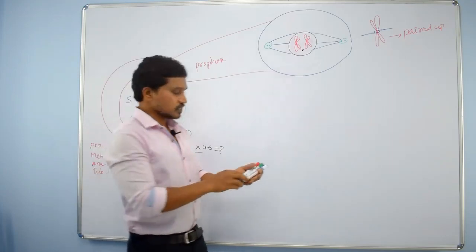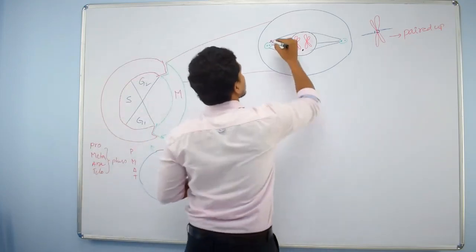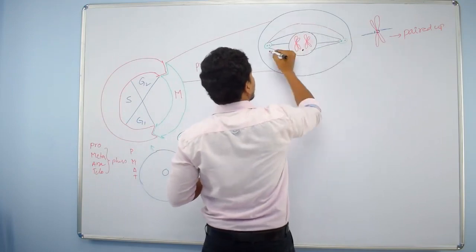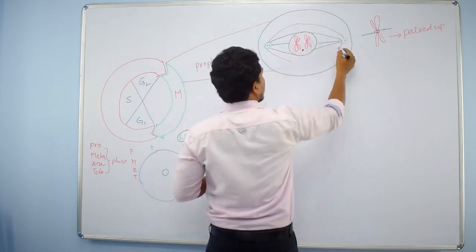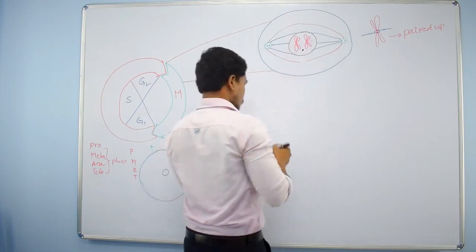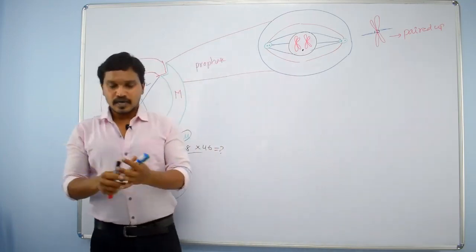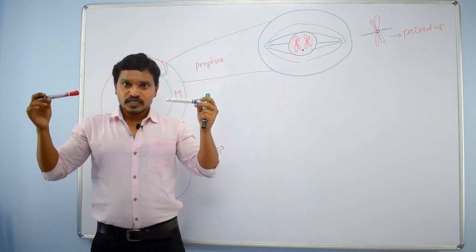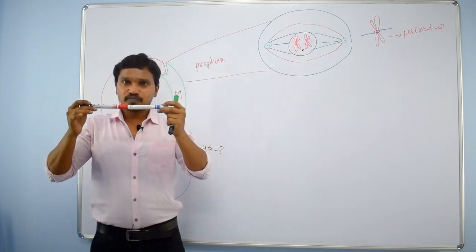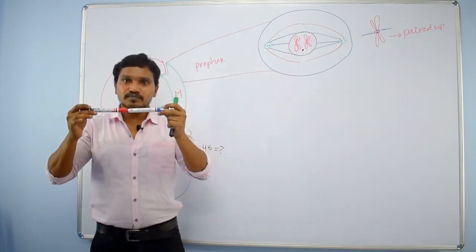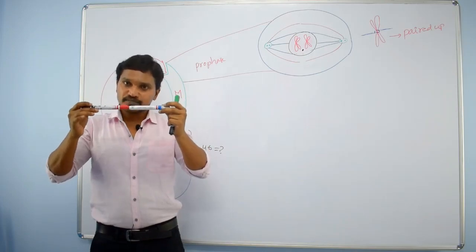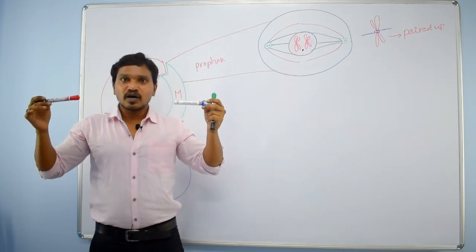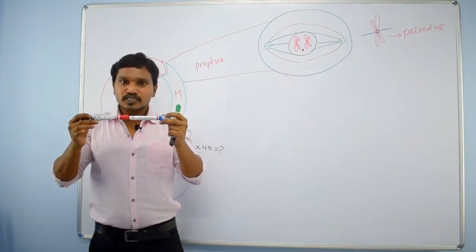Then next microtubules are polar microtubules. Polar microtubules means, just imagine this is one polar microtubule and this is another polar microtubule. They will search for each other, interact with each other, and push against each other, so that there is elongation of the cell. How will they push against each other?